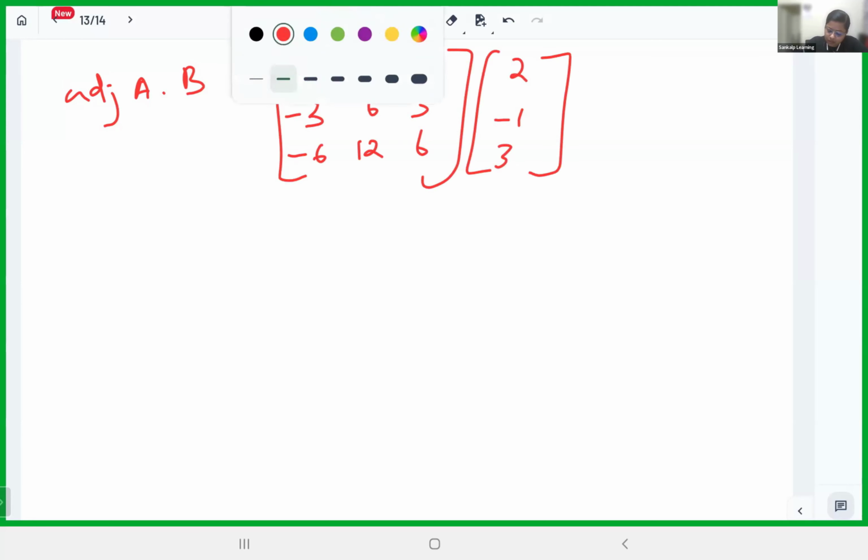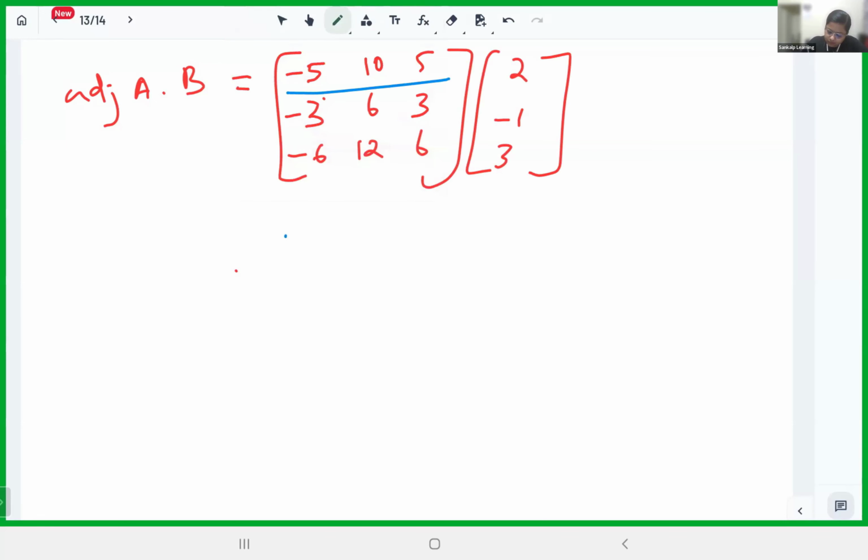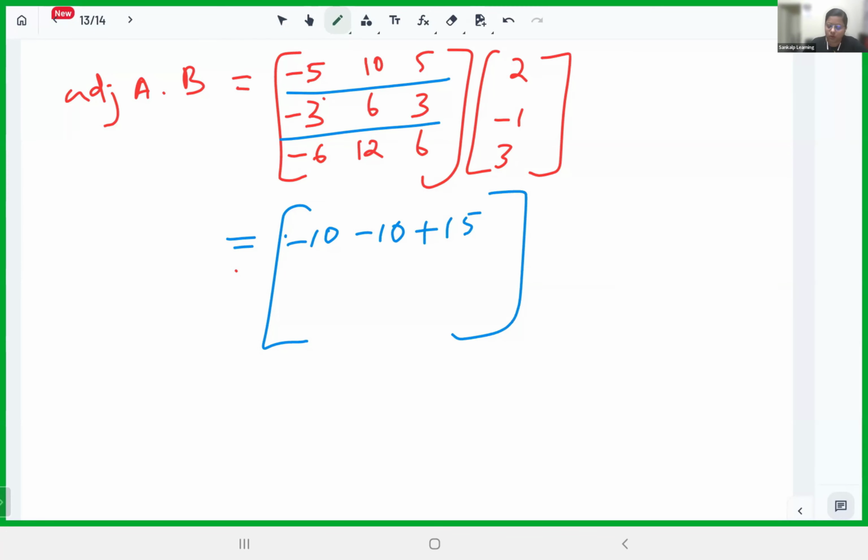Okay. So here you can see, minus 5 into 2 is minus 10. Then 10 into minus 1 is minus 10 plus 5 into 3 is 15. Then second row, minus 3 into 2 is minus 6. 6 into minus 1 is minus 6 plus 3 into 3 is 9.